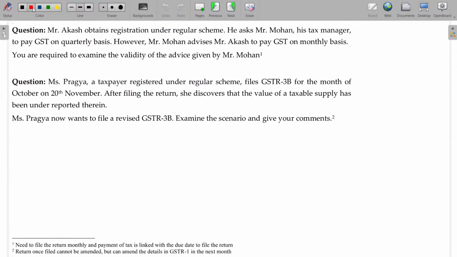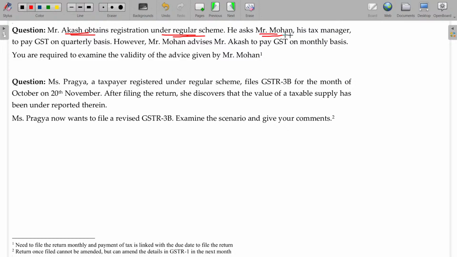Now, Mr. Akash obtains registration under regular scheme.